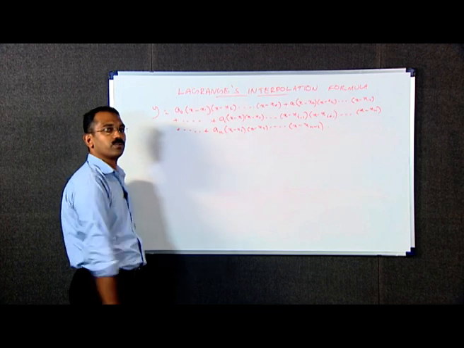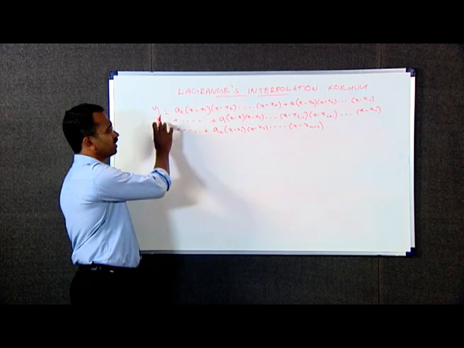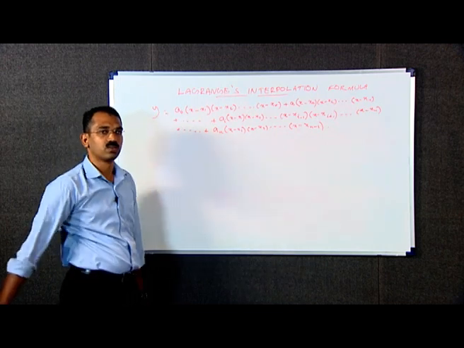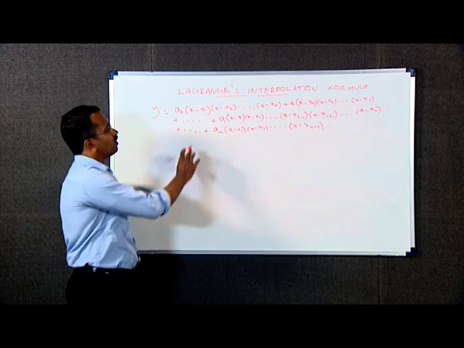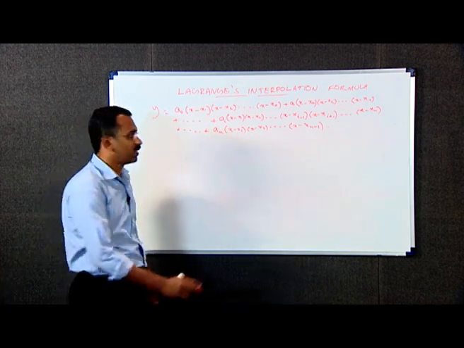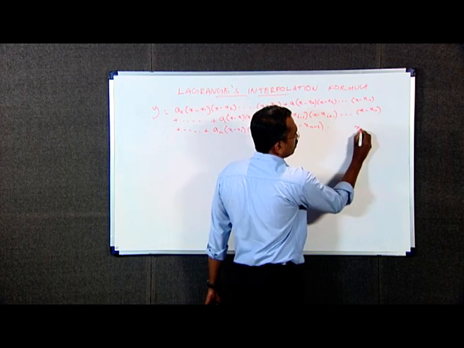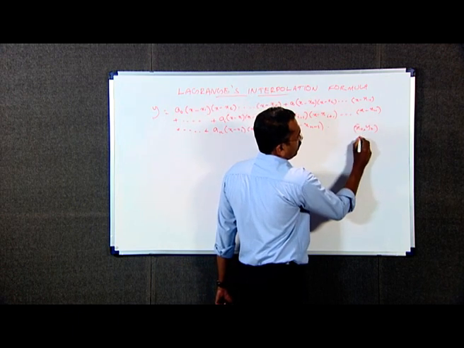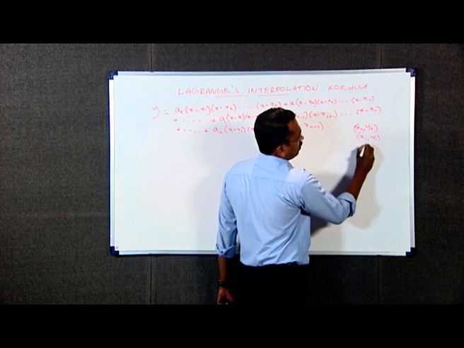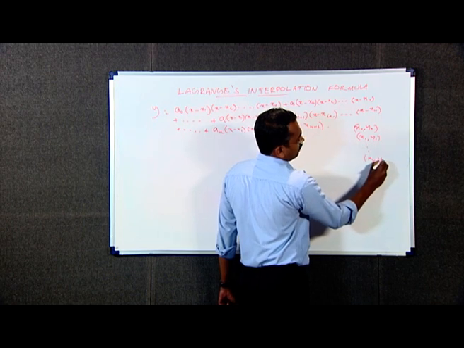Here n plus 1 points are given, therefore, we can write the function like this. This is satisfied for the pairs x naught y naught, x1 y1, etc. xn yn.